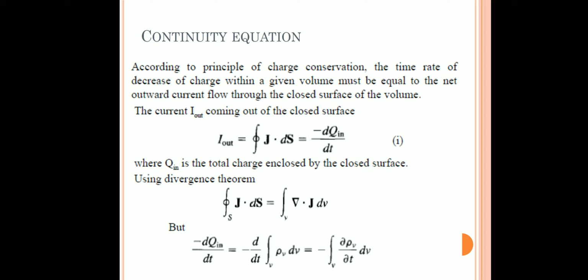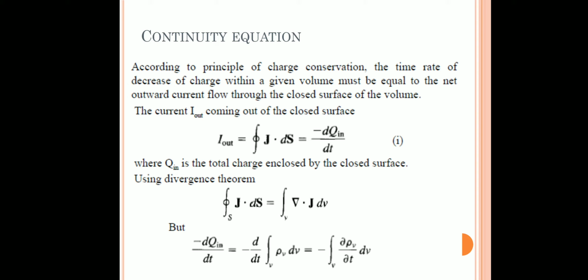So minus d by dt of q in becomes minus d by dt of the volume integral of rho v dv. We can see that the differentiation and integration can be interchanged.